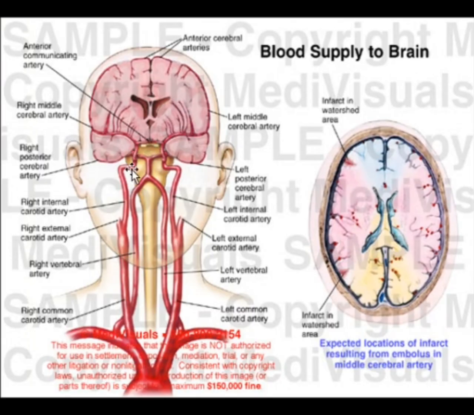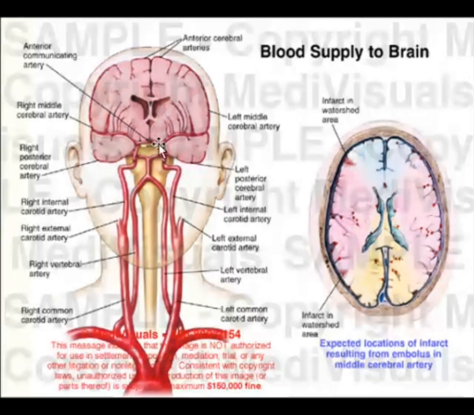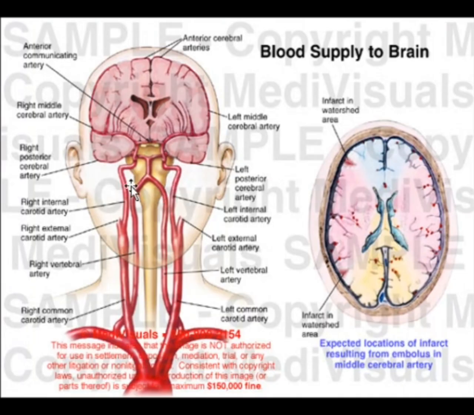When these vessels enter the cranial cavity, they first reach the inferior surface of the brain. So if you want to see these blood vessels and the branches they give off, you go to the inferior surface of the brain.